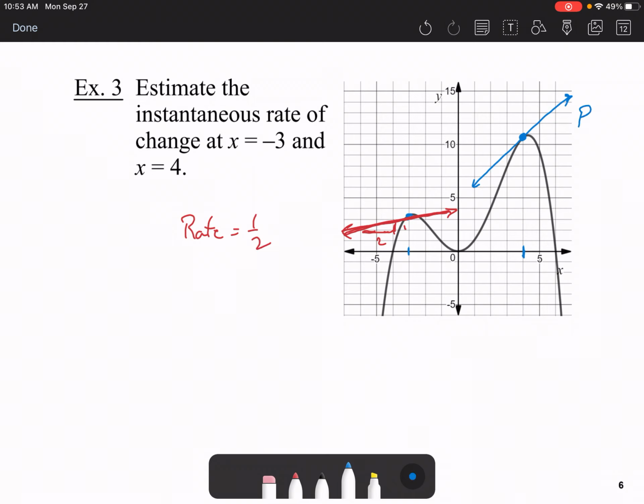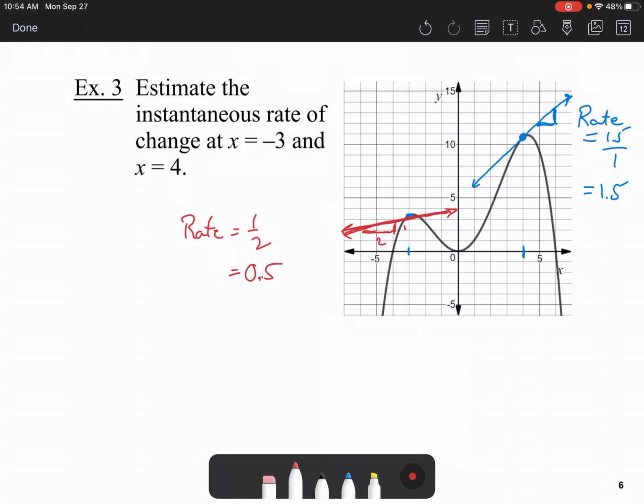And for this other one, the rate, I would say, take 2 points. That looks like it's 1.5 over 1 unit, so 1.5. Whereas this one is 0.5.